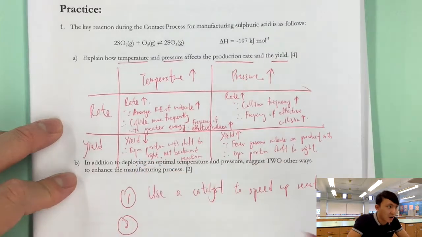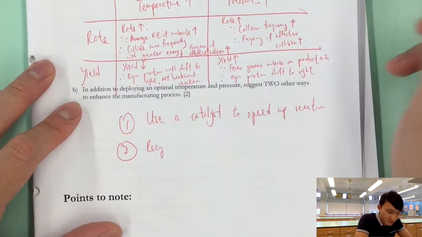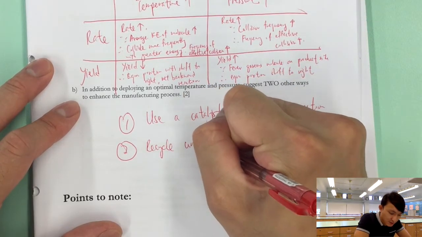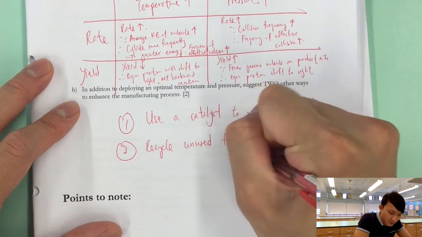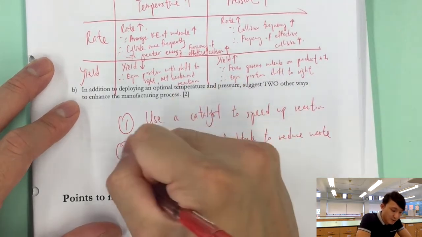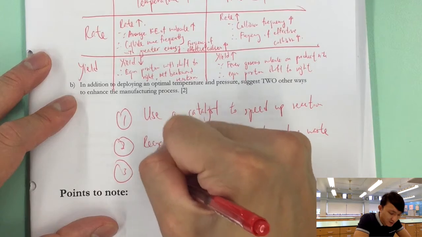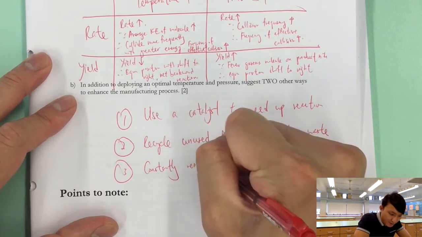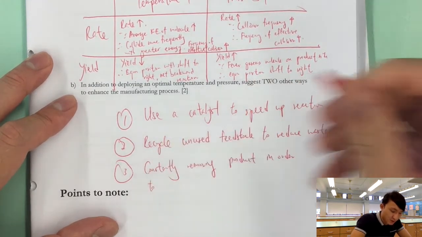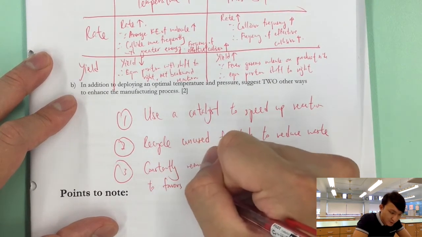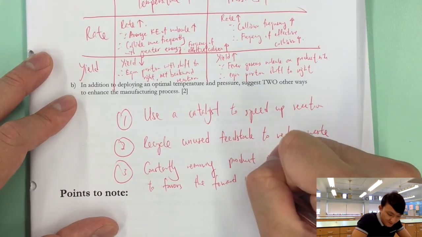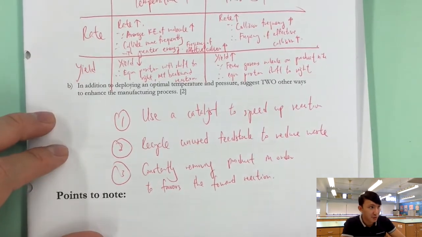You can also recycle unused feedstock to reduce waste, or you can talk about constantly removing the product in order to favor the forward reaction. So these are possible answers.